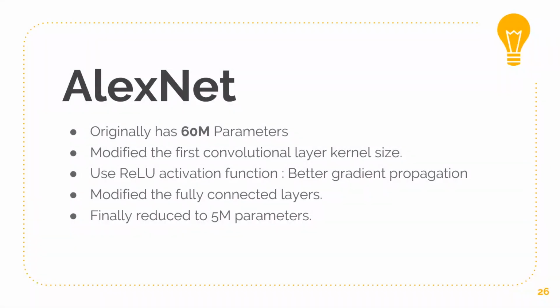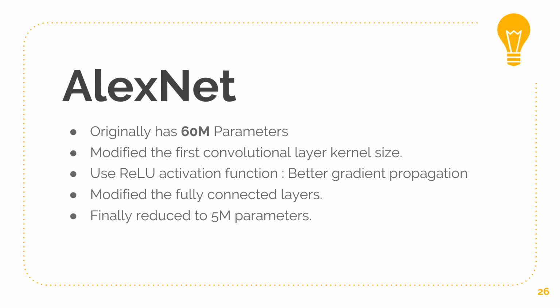Apart from the mini-Xception model, another model we used is AlexNet. It originally has 60 million parameters, but we reduced it to about 5 million parameters. We modified the convolutional layer kernel size, but we kept the ReLU activation function because it has better gradient propagation.